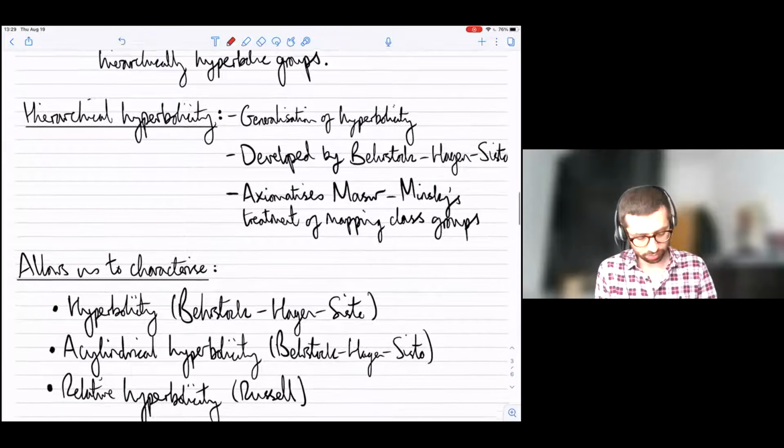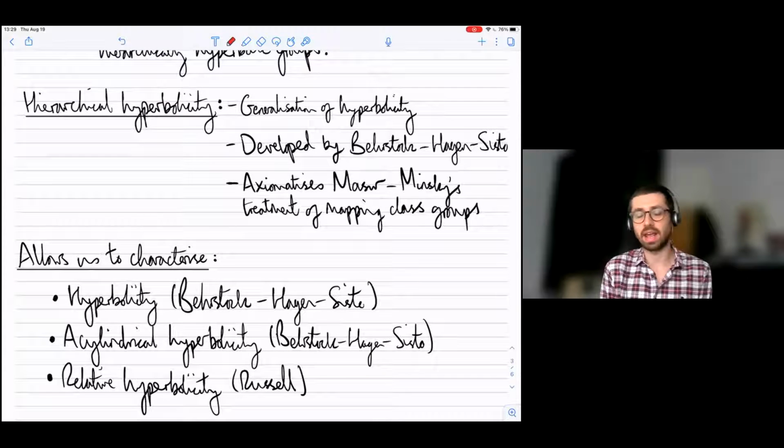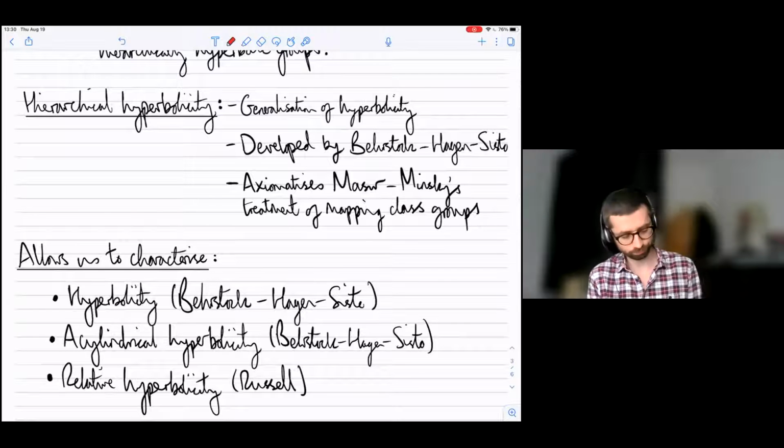Among other things, it allows us to characterize when a hierarchically hyperbolic group exhibits other forms of hyperbolicity. So we can characterize when these groups are hyperbolic, when they're acylindrically hyperbolic, and when they're relatively hyperbolic, where these characterizations are in terms of the hierarchically hyperbolic structure.